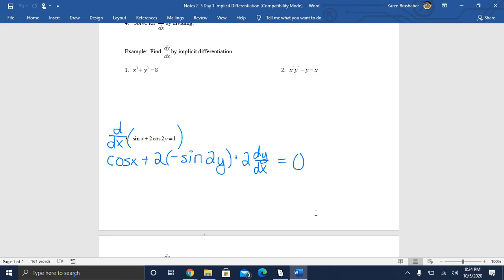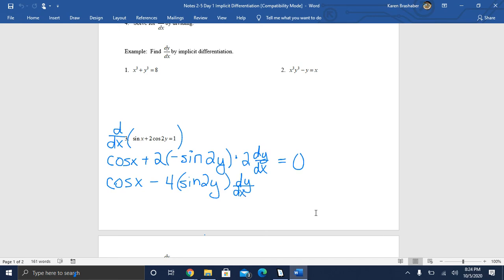So again, my goal is to get dy dx by itself. I'm going to do a little bit of simplifying. So I have the cosine of x. I have a 2 times a negative times another 2. That'll be negative 4 times the sine of 2y, and then times dy dx.